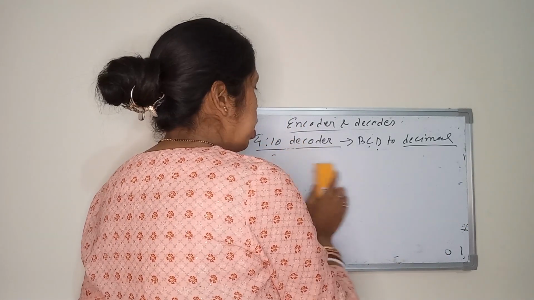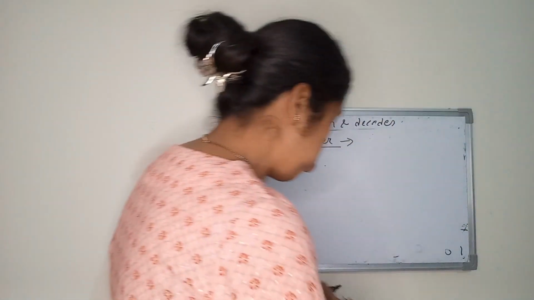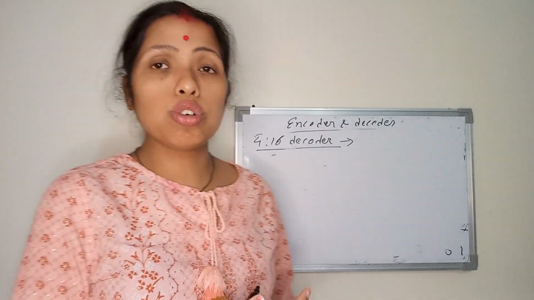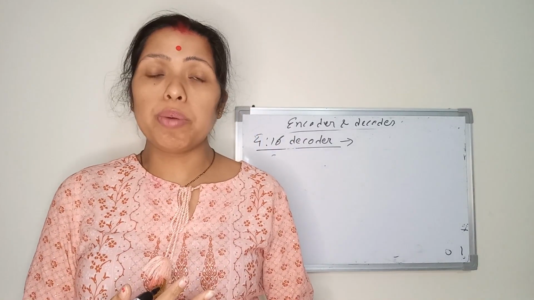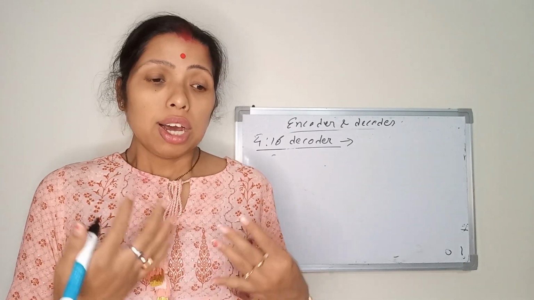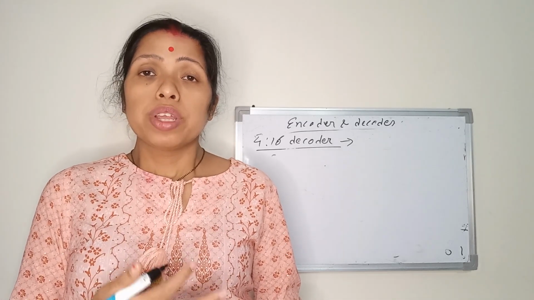Okay, next come to the 4 to 16 decoder. It is mainly used if you want to convert a hexadecimal number to a decimal number. In hexadecimal, there are a total of 16 distinct numbers, right? So 0 to 15.